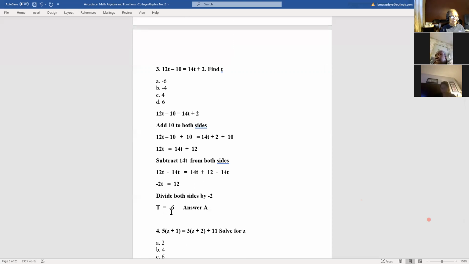How would you check that? Everywhere you see a t, you put a minus 6. So 12 times a minus 6 is minus 72, right?